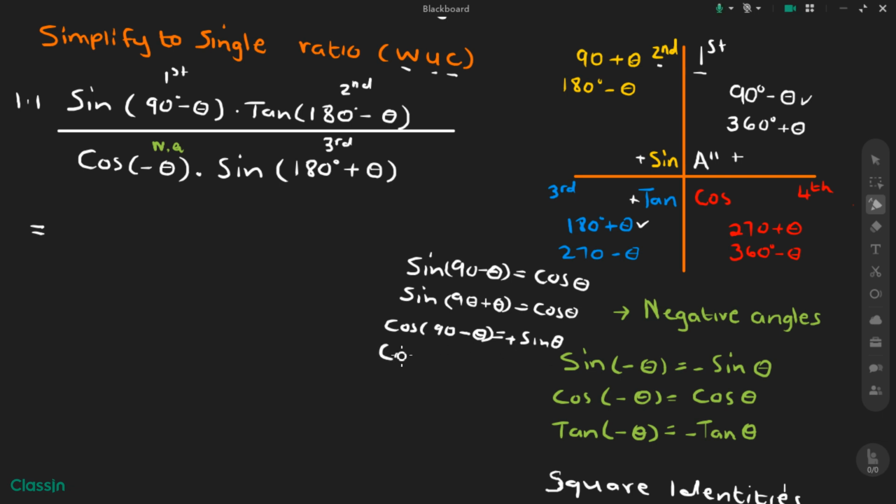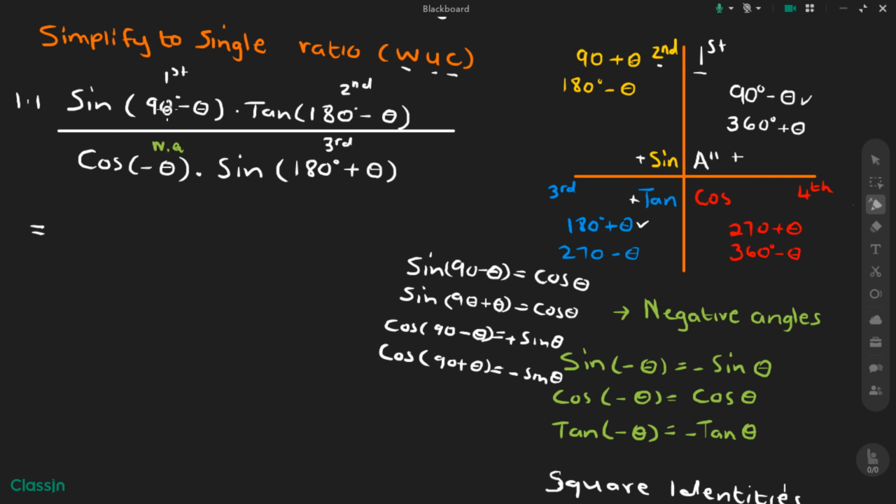If we have cos of 90 plus theta, the answer will be negative sine theta. So these ones are very, very much important because 90 changes sine to cos, cos to sine.